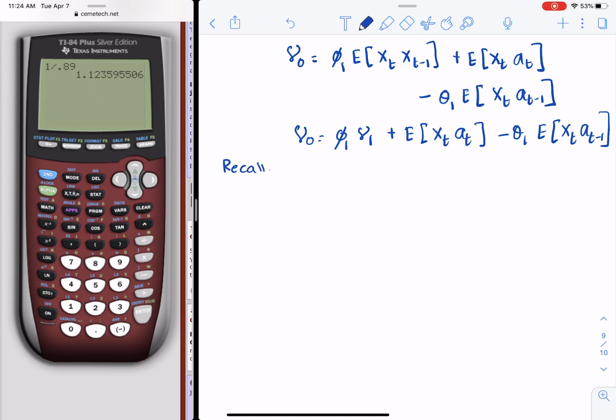If we recall, x sub t is the sum from j equals 0 to infinity of psi j a sub t minus j. So that comes back from the definition of a linear filter.